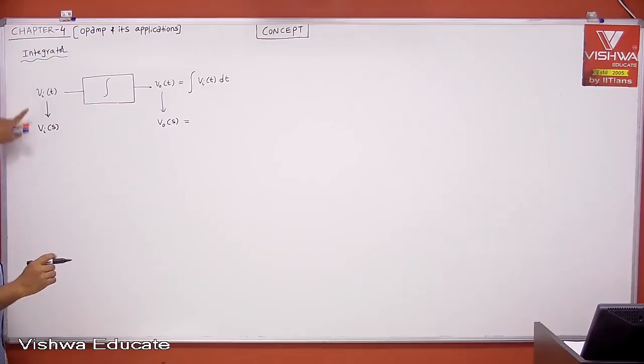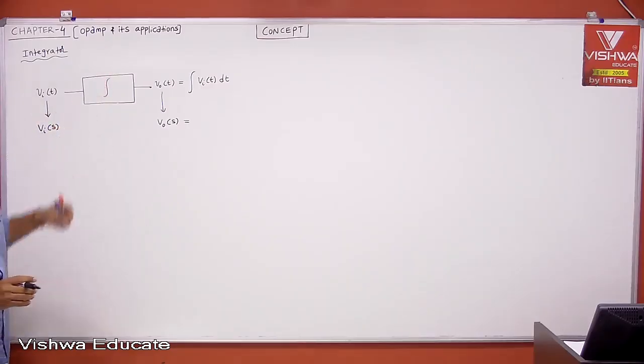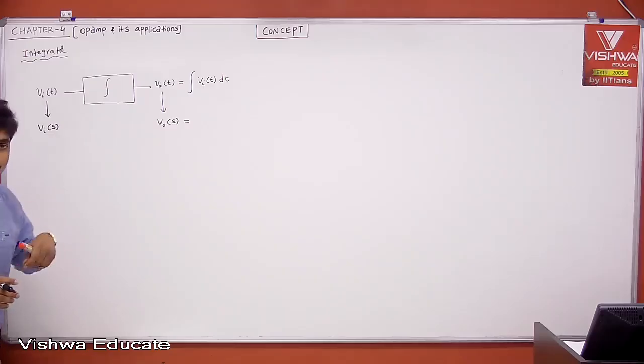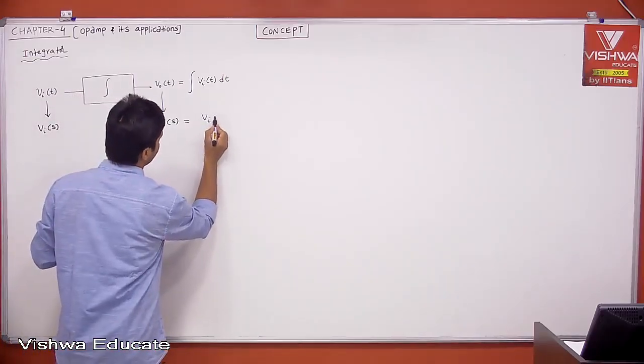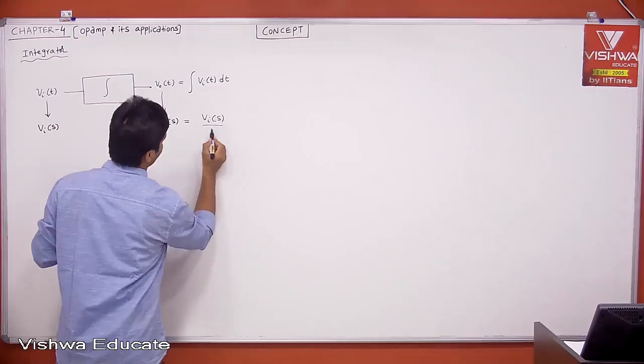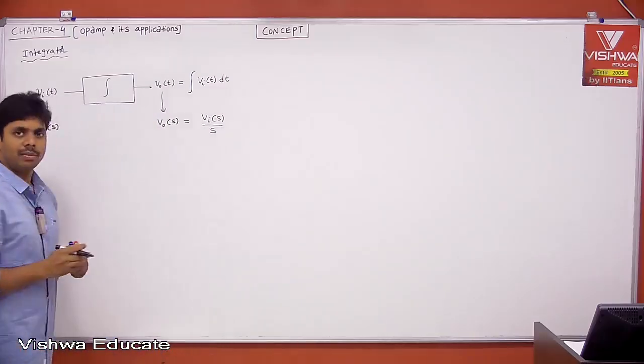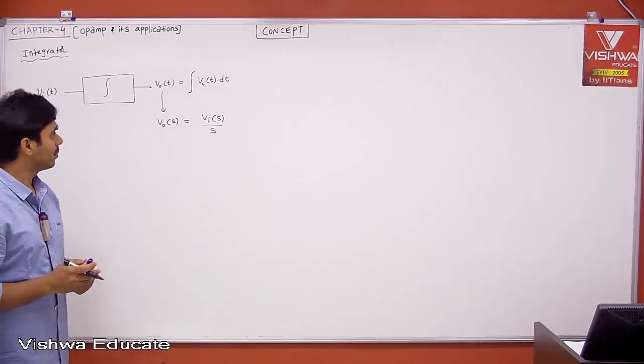If VI of t is VI of S, then what is the integration of VI of t dt in S domain? That is nothing but VI of S divided by S, 1 by S into VI of S, from Laplace equations.